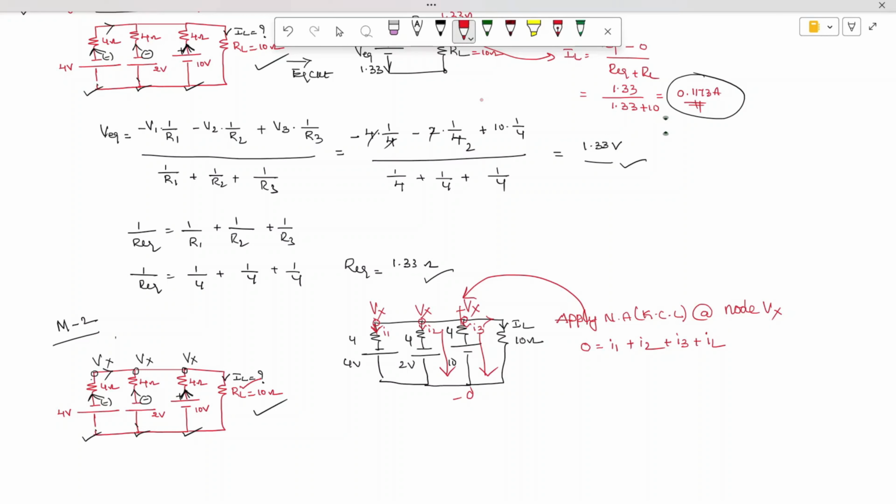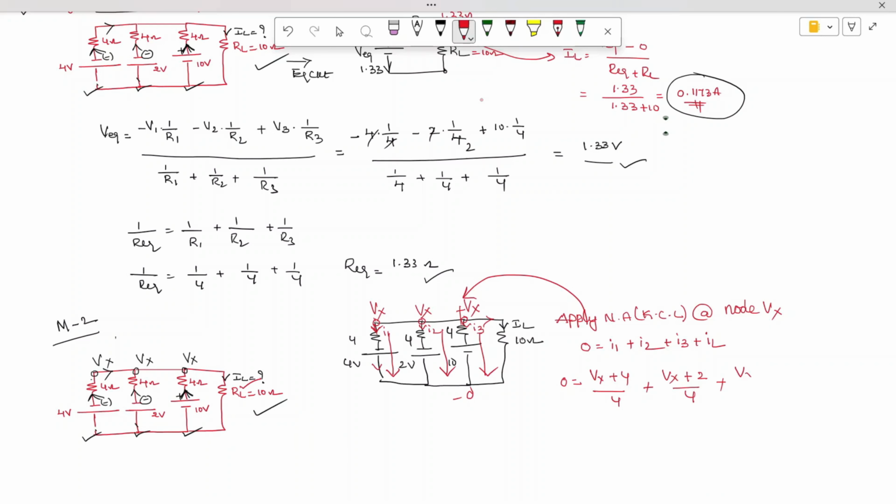We know the formula for current: I equals V by R. How to write down this branch current? Plus Vx, high potential, minus, you see here, plus 4, divided by 4. Plus, how to write down the current in this branch? High potential, and you can see the polarity of this voltage, plus 2 divided by 4. How to write down the current I3?